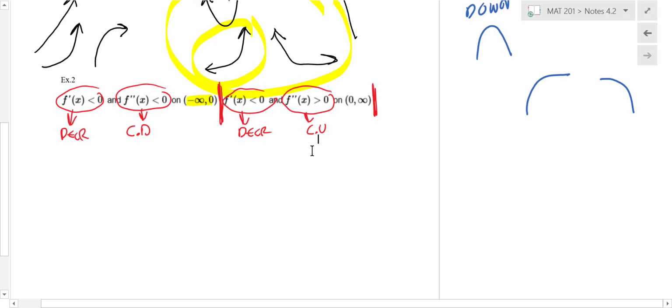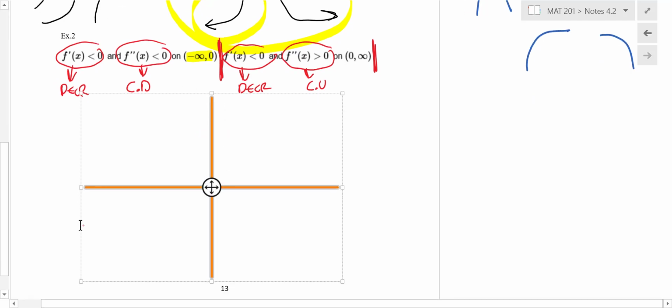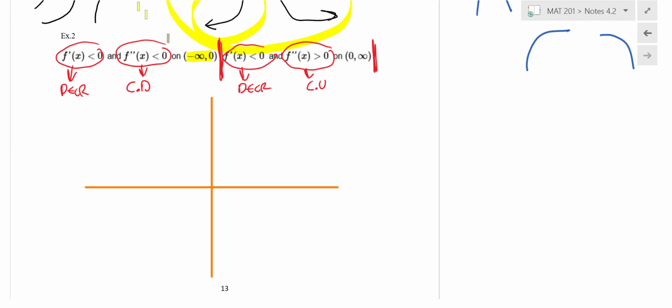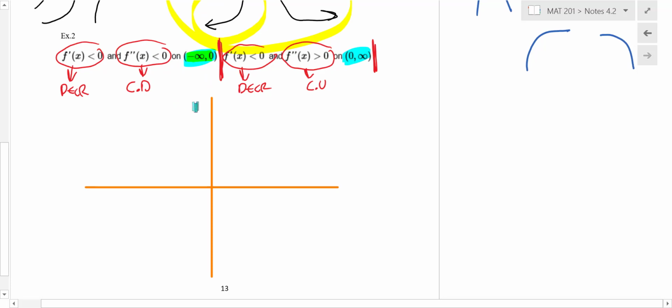Okay, so we have everything we need. Partially, what this activity is trying to get a student to do is understand the definitions and then be able to put something together. The intervals that are important on this are negative infinity to 0 and 0 to infinity. In this part of the graph, you're going to be decreasing and concave down.